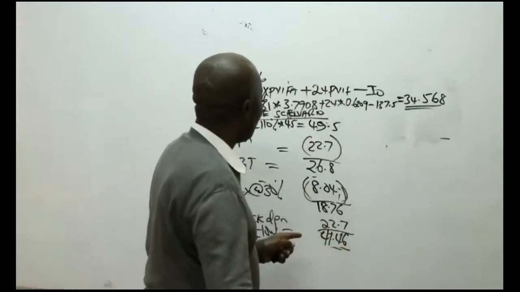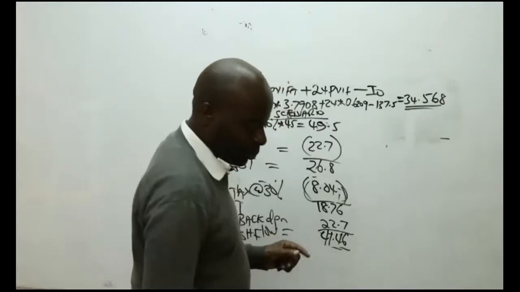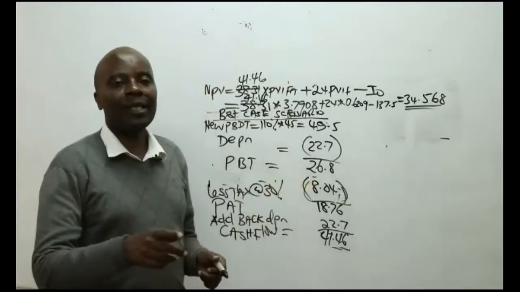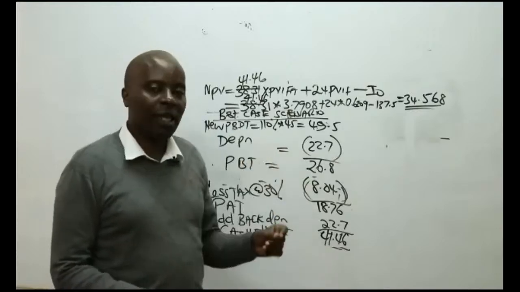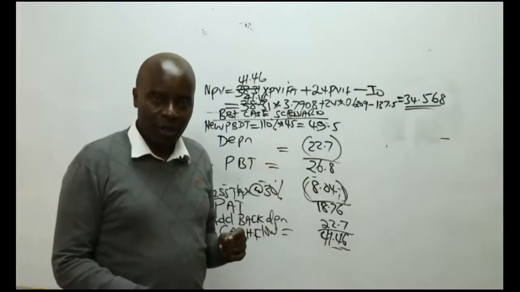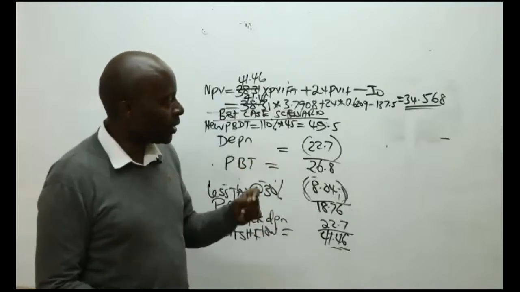Ladies and gentlemen, from there, the examiner spoke of 10% increase, 10% reduction. So the reduction is what gives us the worst case scenario. So I need the worst case scenario.